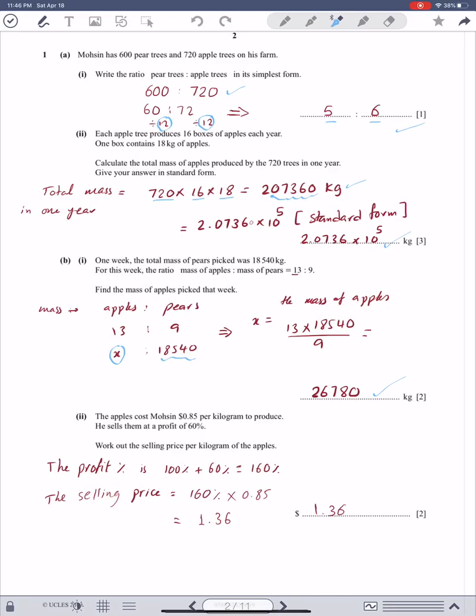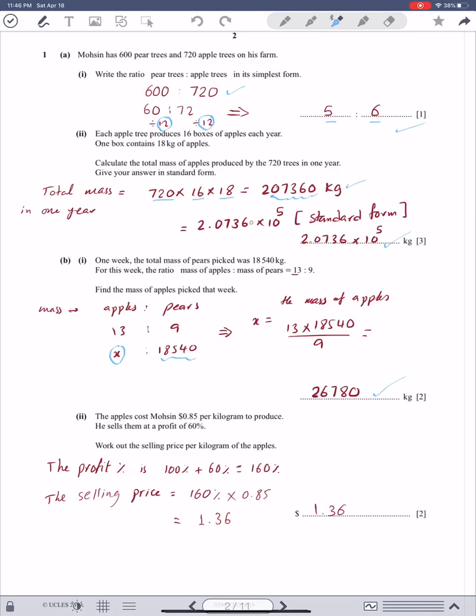Part 2 in part B, the apples cost Mohsen $0.185 per kilogram produced. He sells them at a profit of 60%. What is the selling price per kilogram of the apples? First, you write the profit percentage.